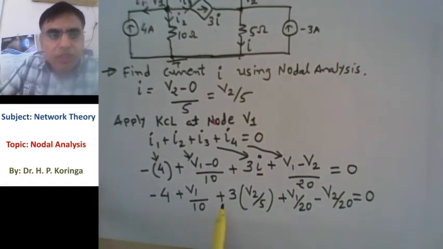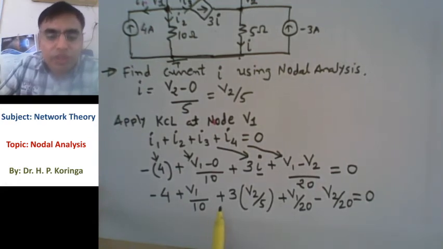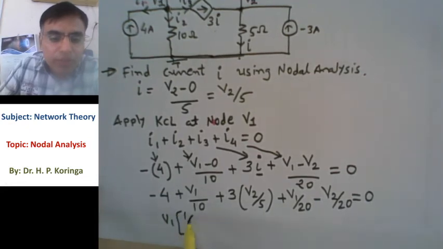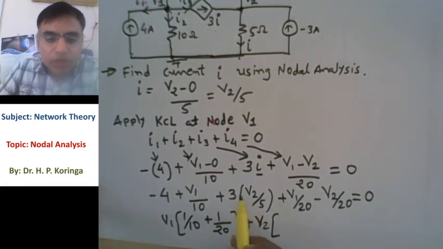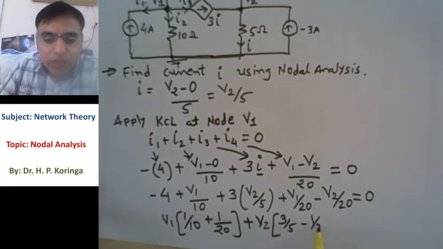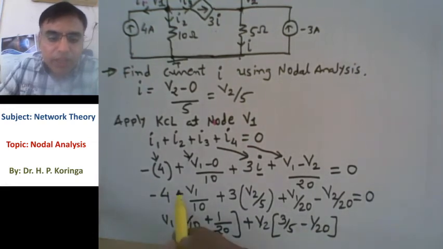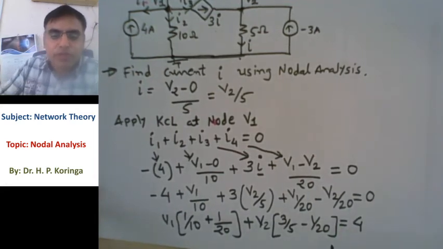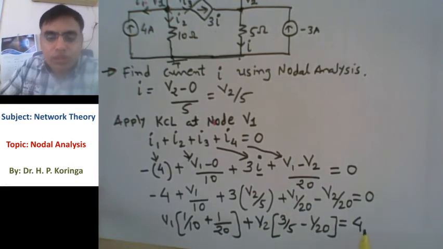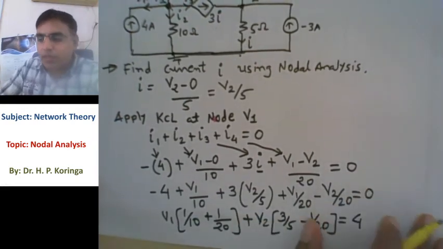Let's make this equation in the form of V1 times its coefficient and V2. V1 has 1 upon 10 from this and 1 upon 20, and the coefficient of V2 is 3 by 5 and minus 1 upon 20, and minus 4 we take to the right hand side, so it becomes plus 4. So this is our equation 1. We can simplify it more.